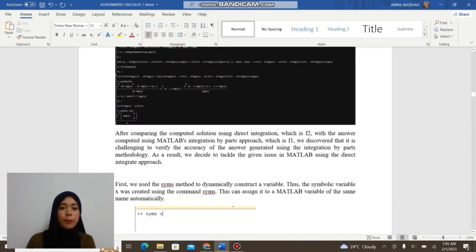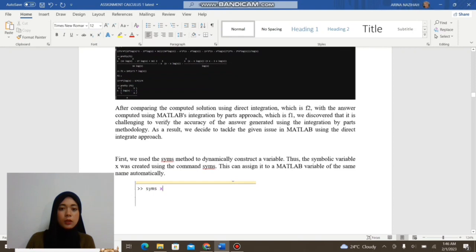After comparing the computed solution using direct integration, which is F2, with the answer computed using Matlab's integration by parts approach, which is F1, we discovered that it is challenging to verify the accuracy of the answer generated using the integration by parts methodology. As a result, we decided to tackle the given issue in Matlab using the direct integrate approach.